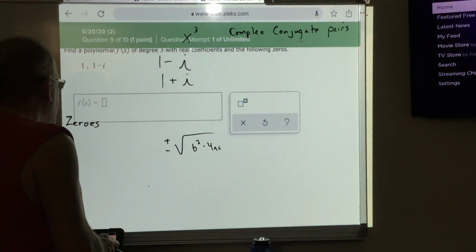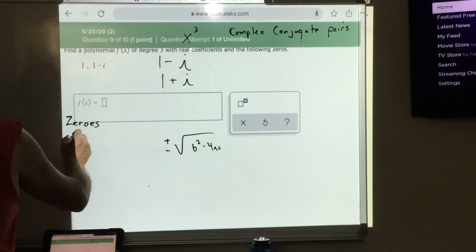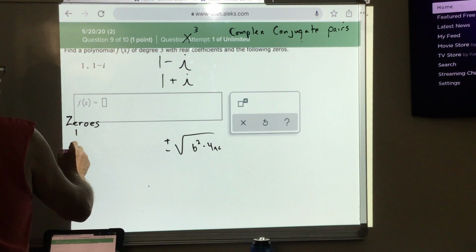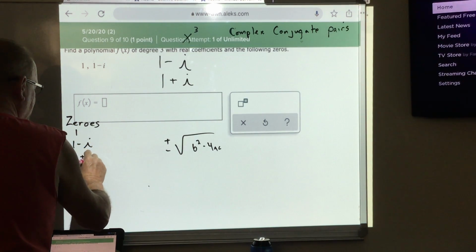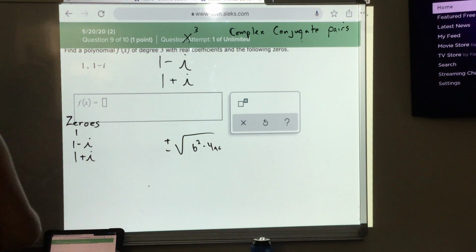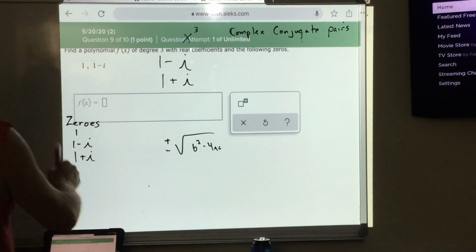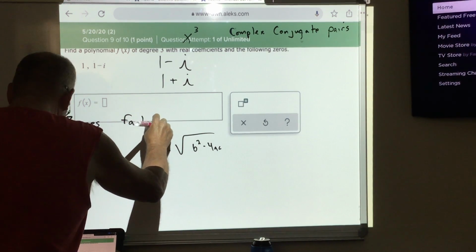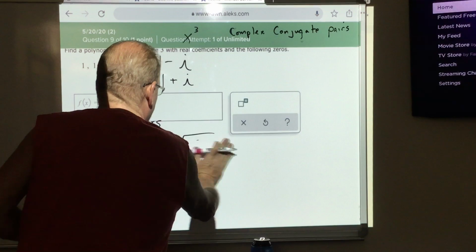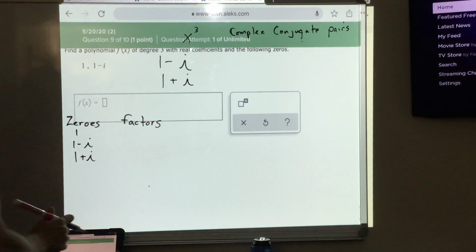you have 1 is a 0, and 1 minus i is a 0, and so 1 plus i is also a 0. So the factors, and yes, you do got to go through steps to get to where you got to go.